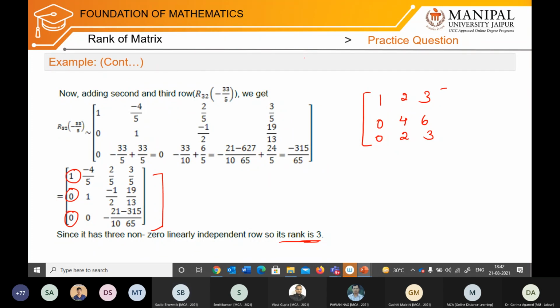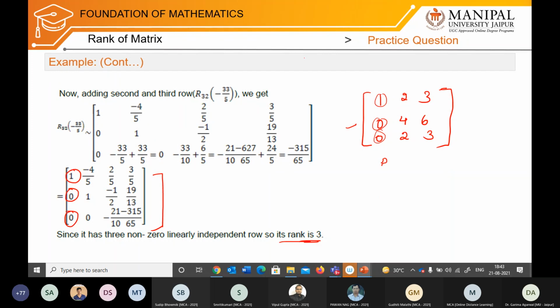Let's say ultimately after using this row transformation, what was my first target? This element is 1, these elements are 0. I reached this matrix, let's say, right? Now you can say that all three rows are non-zero, so the rank of the matrix is 3.